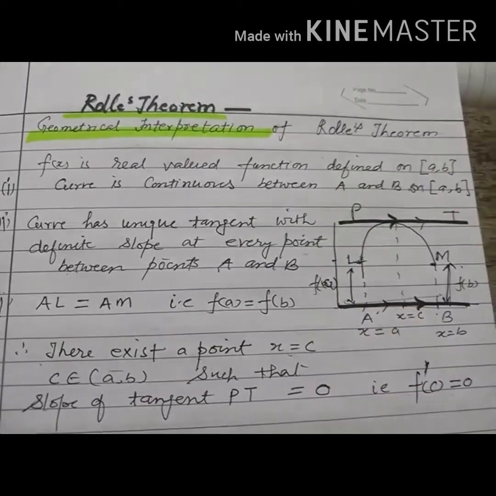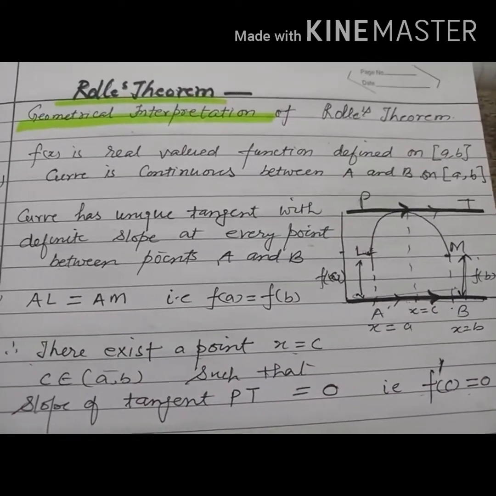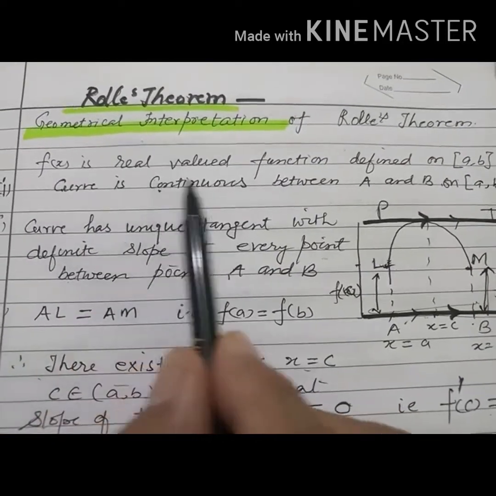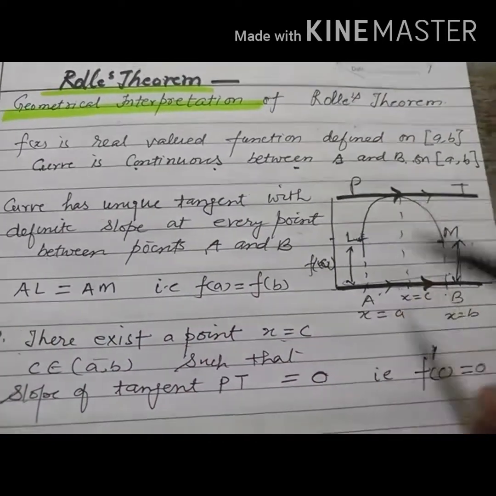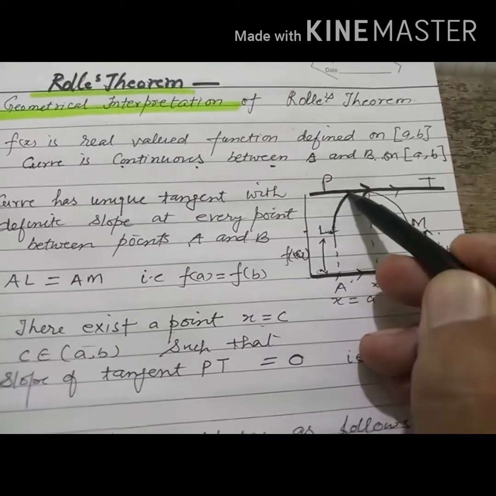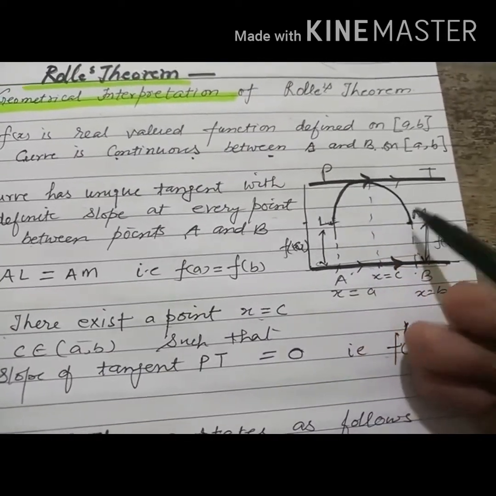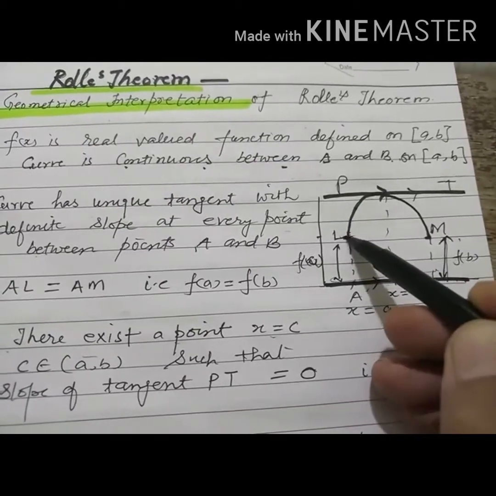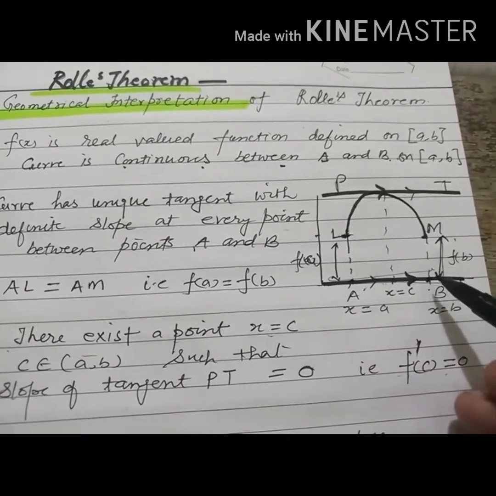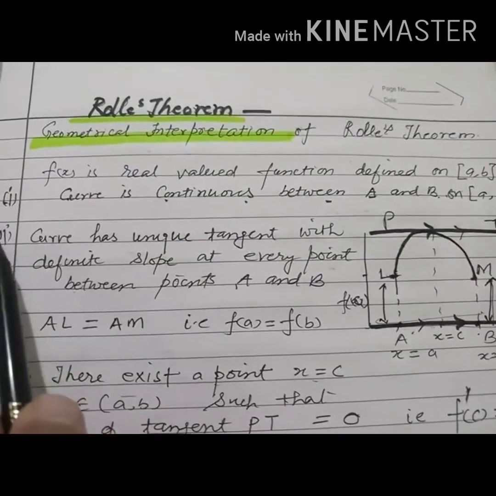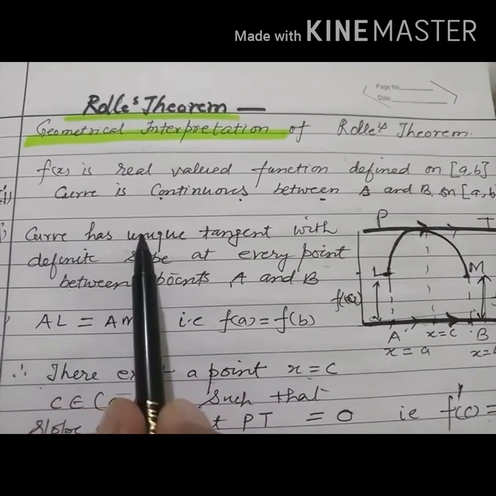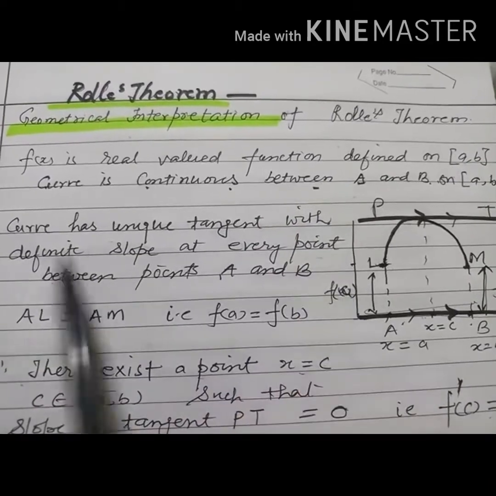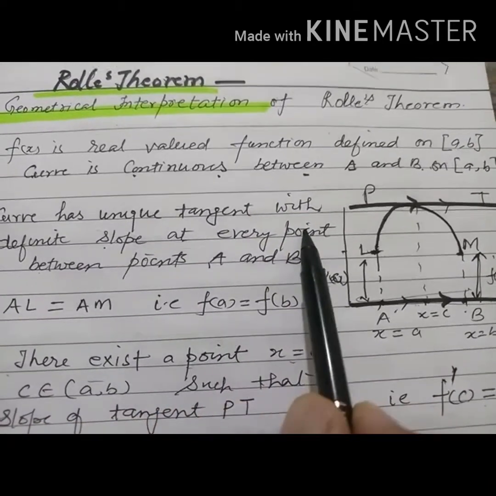Now, what the geometrical interpretation says for this. Number one, the curve is continuous between A and B. You look at this, this is a continuous curve. There is no hole or gap anywhere from this point A to B. Second thing is, the curve has a unique tangent with definite slope at every point.